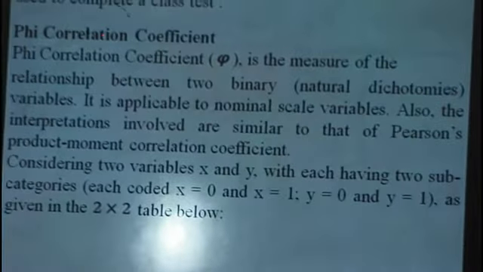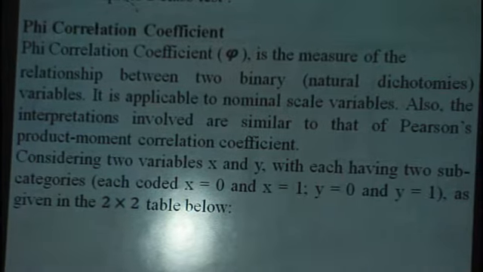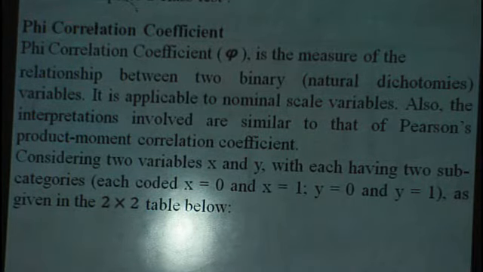Now let's move on to the second correlation coefficient. We call it phi. As on the board, you can see the phi correlation coefficient, which is normally symbolized as, I don't know the name of the symbol, but this is the symbol for phi.